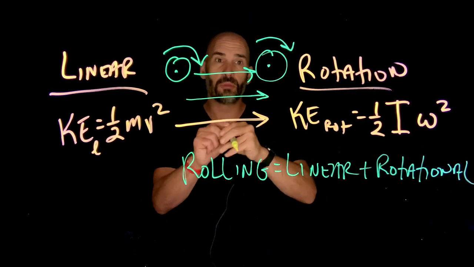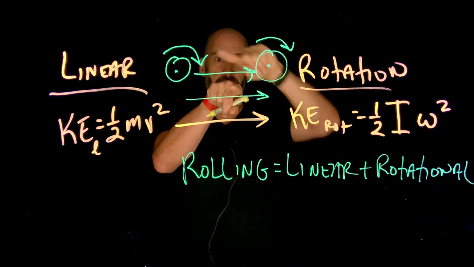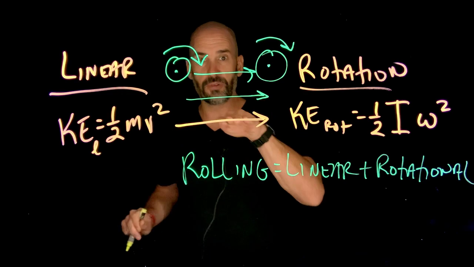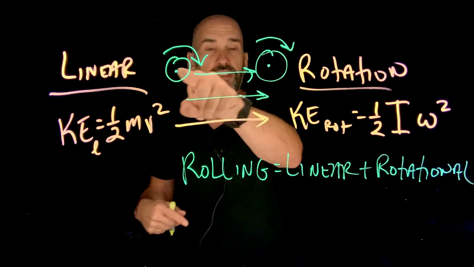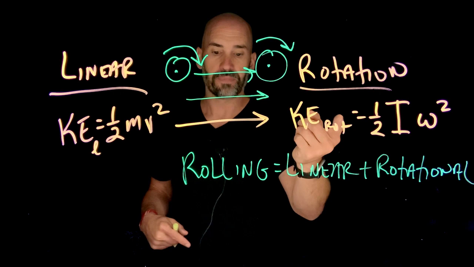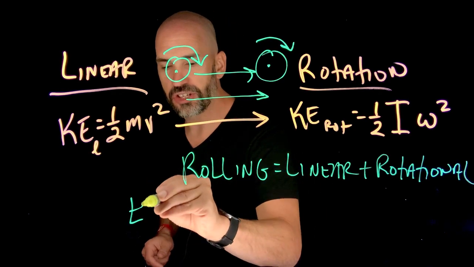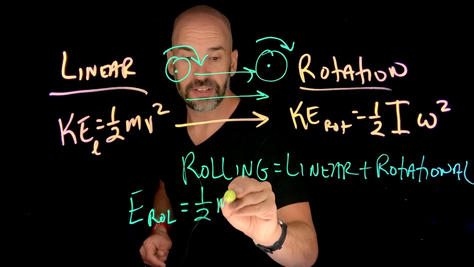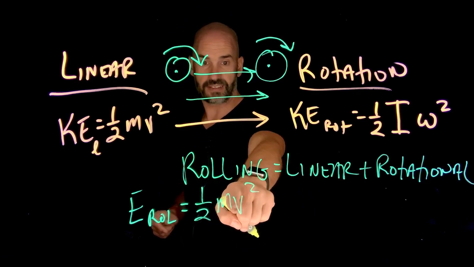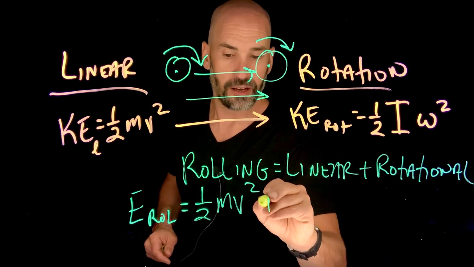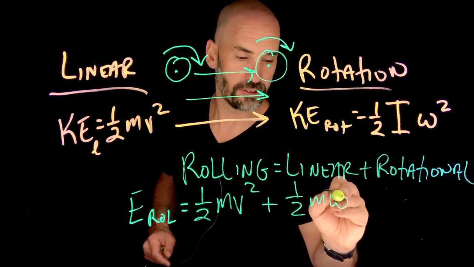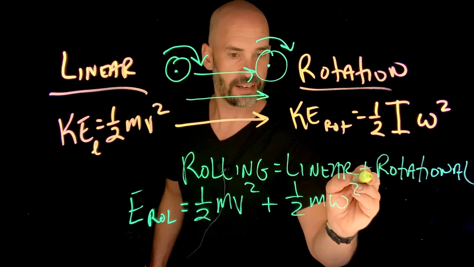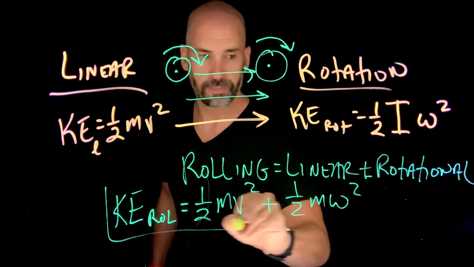Rotational motion would just be like, I put a pin in the middle and I spin it like a merry-go-round. Linear is just I push something and it moves in a straight line. But rolling, it's moving in a straight line and it's spinning at the same time. So you can say that the kinetic energy of rolling is 1/2 mv squared, how fast is its center moving, plus 1/2 I omega squared, how fast is it rotating. So that's the kinetic energy of rolling.